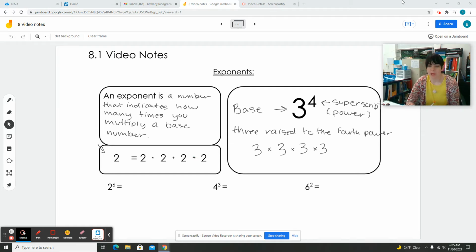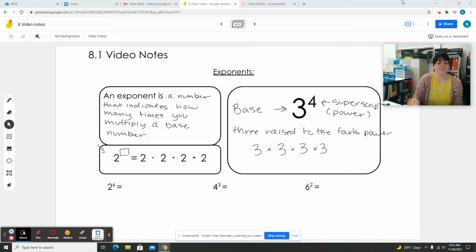Now, when you write it on your paper, you can do it either way. You can do it with an X or with a dot symbol like this. Either way works. So if we have 2 times 2 times 2 times 2, then 2 would be raised to the what power? Go ahead and write that on your paper just above the 2 right here.